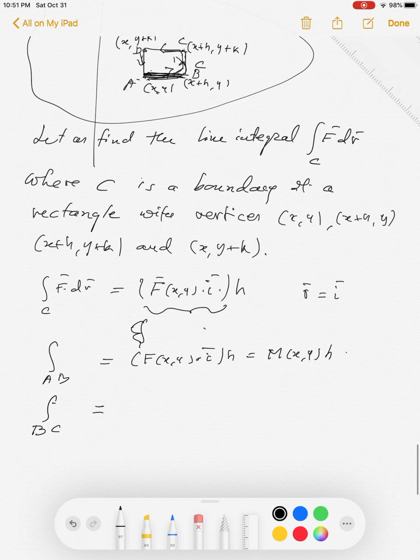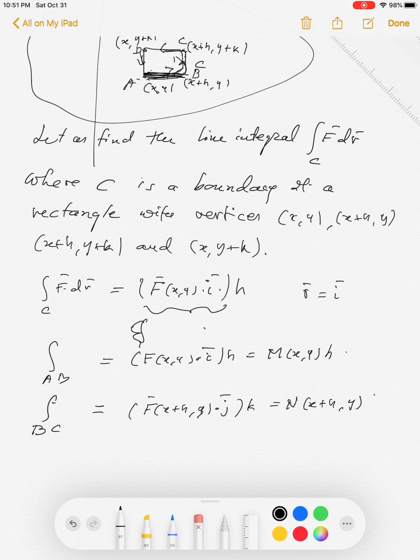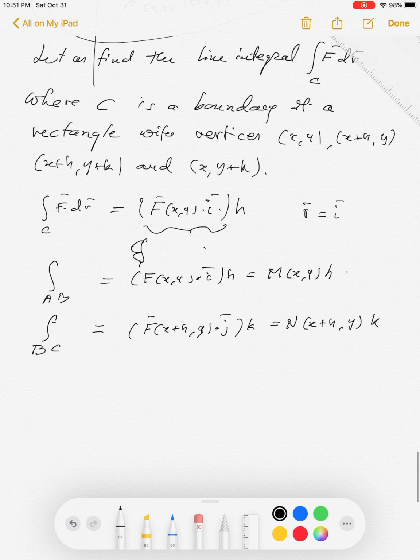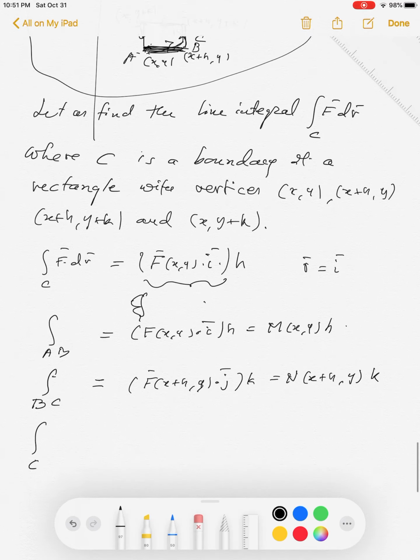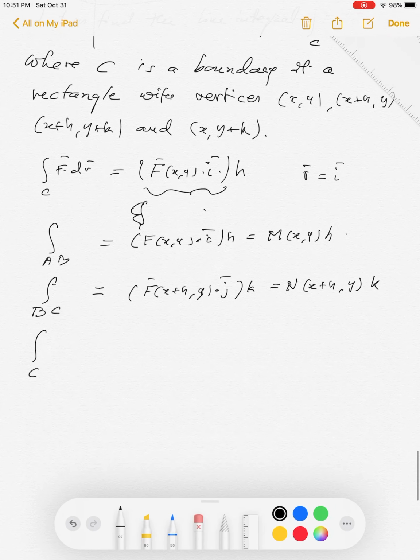The integral over the piece BC is f bar at (x plus h, y) dot j bar times k, which is N(x plus h, y) times k.